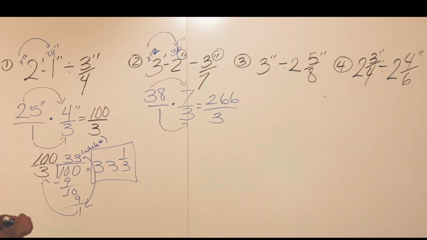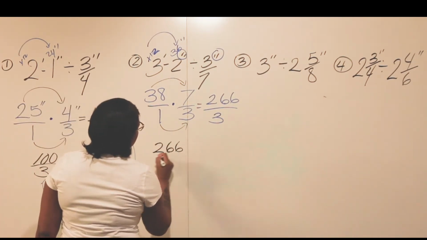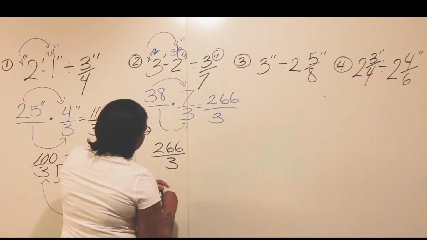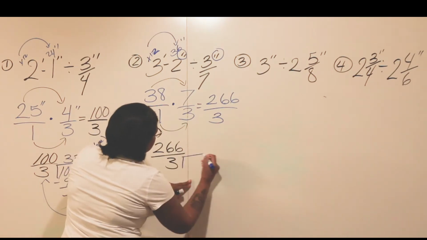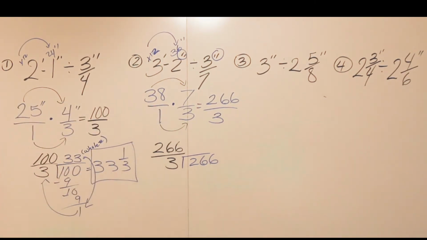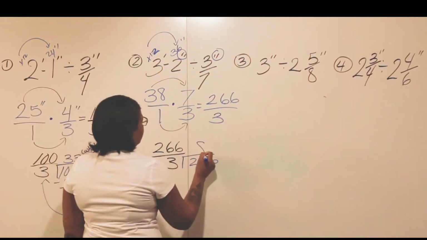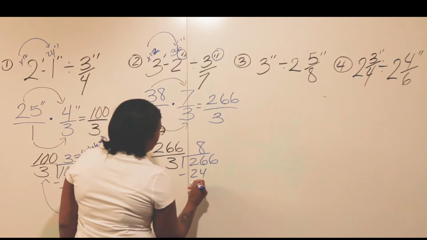We need to find out how many times, I'm going to rewrite it here, we want to know how many times can 3 go into 266. 3 can't go into 2, but it can go into 26 how many times? 8. Yep, 8 times, so I need to subtract 24.